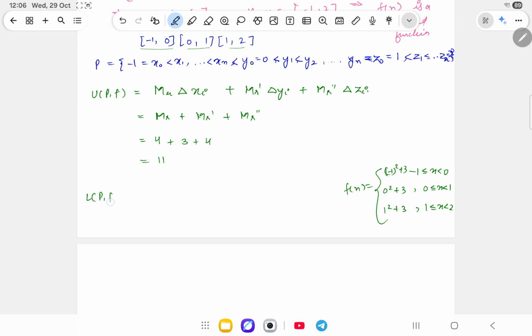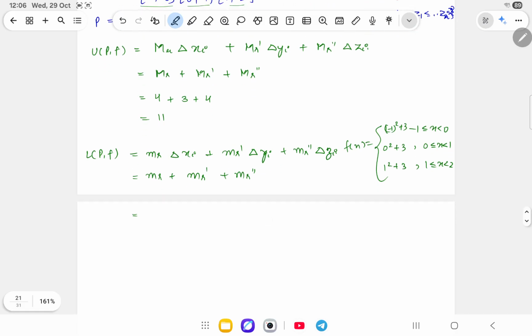Likewise, if you compute the lower Riemann sum, it will be equal to small m_r into delta x_i plus small m_r' into delta y_i plus small m_r'' into delta z_i. And here also the size of the interval in each case is 1, so it will be equal to m_r plus m_r' plus m_r'', and in this case again it will be 4 plus 3 plus 4, which is also equal to 11.